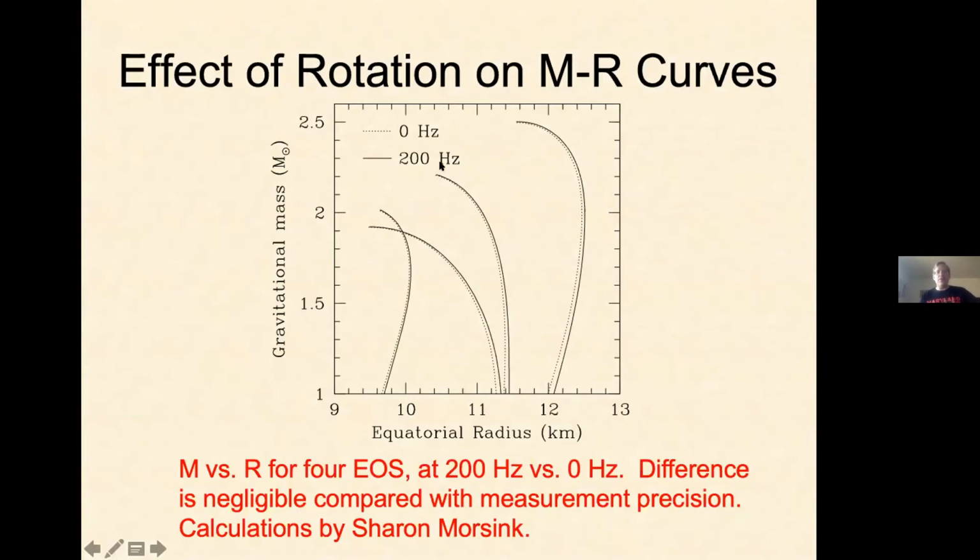For example, if you were to double this to 400 Hertz, then we would find deviations that are 4 times as large as this. But you see that even in that case, it's a very tiny amount. We're talking about something that might be a half kilometer difference, which is better than our current precision. So in that sense, we're doing just fine.